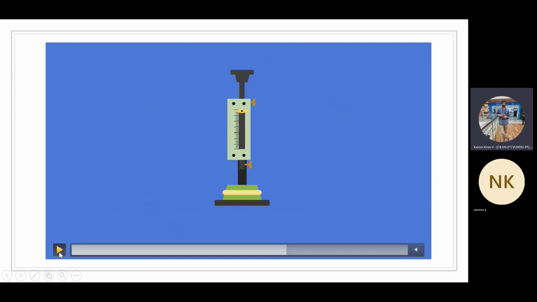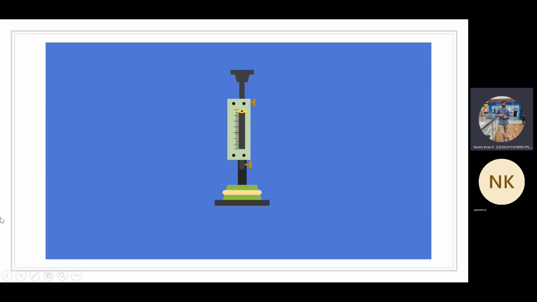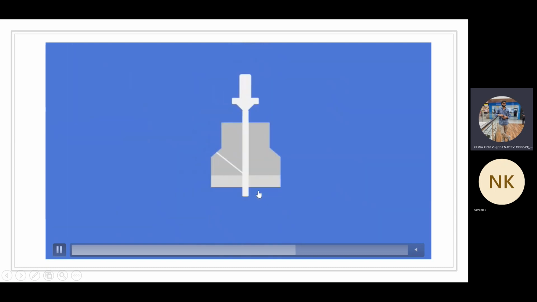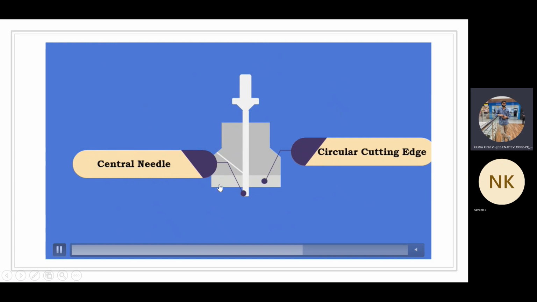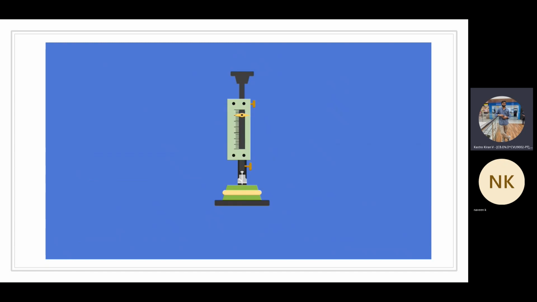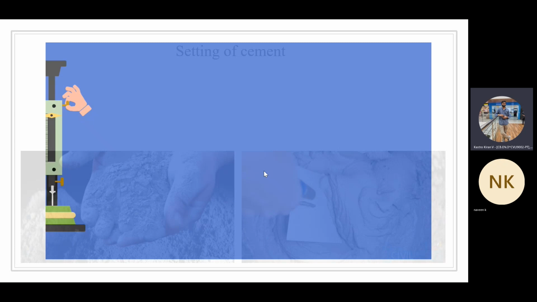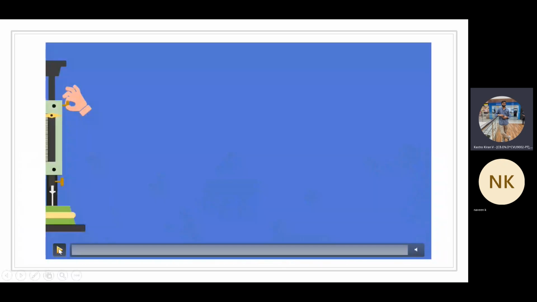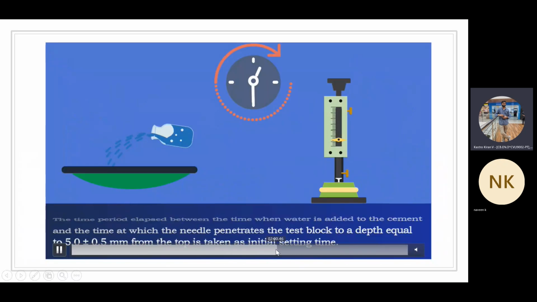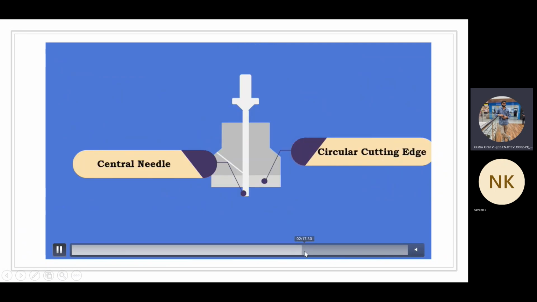Then we are going to change the needle, and here we are going to use the larger needle in order to find out the final setting time. I was just showing the 3 different needles: the plunger and the other 2 needles for initial setting time and final setting time. And this needle is also to be released into the cement paste in the Vicat mold.